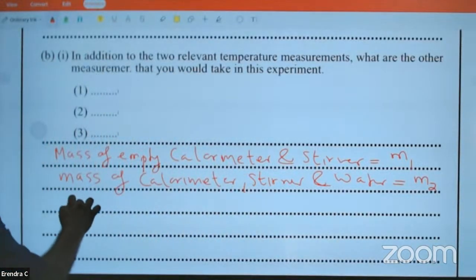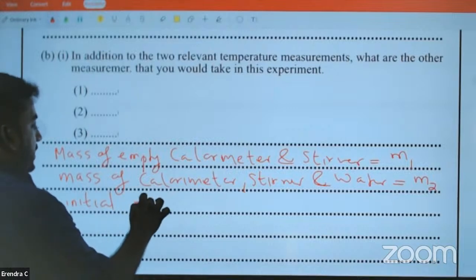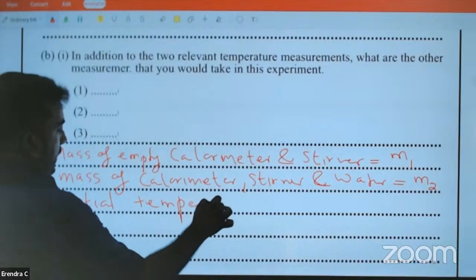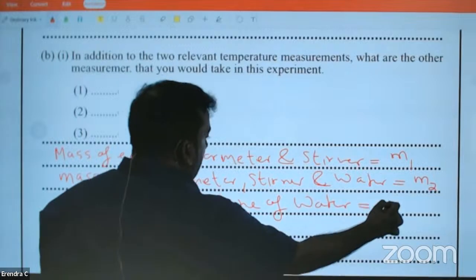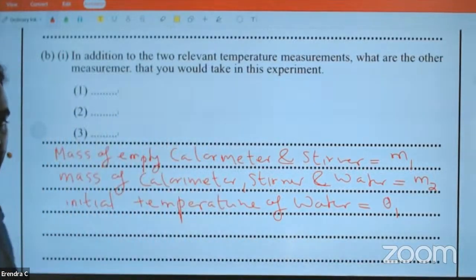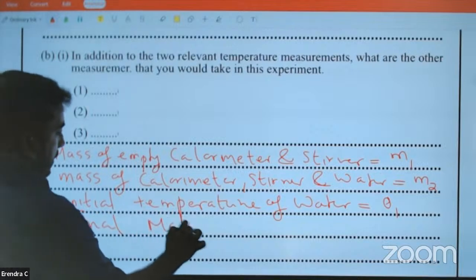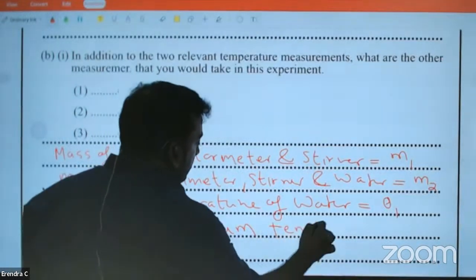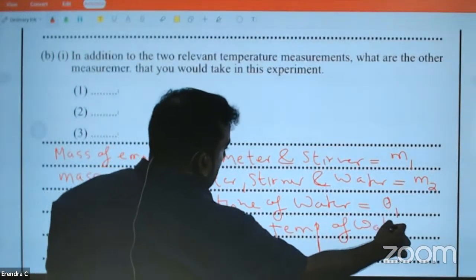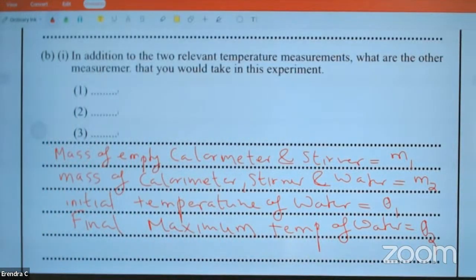Initial temperature of water. We start 5 degrees below room temperature. Send in steam. Final maximum temperature of water, theta 2. The word maximum must come. Allow the system to cool down.